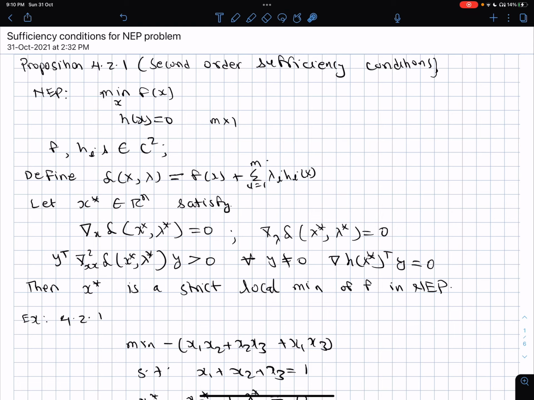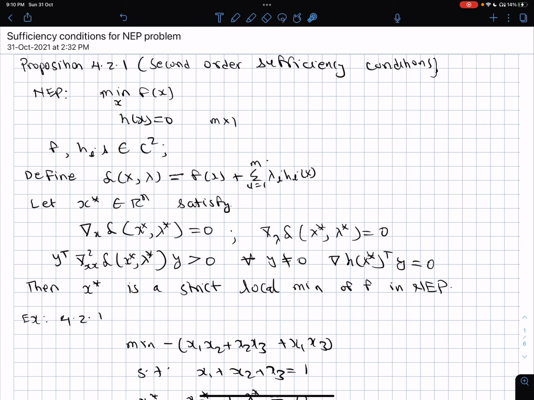Now x is of course from Rn, and since we are writing a sufficiency condition, we are not going to say here that let x star be optimal. Instead, what we are going to say is, if the x star satisfies the following conditions, then it is a strict local minimum. So there is a difference in the way the whole thing is presented. For the necessary condition, we say let x star be a local optimum, then it must satisfy the following.